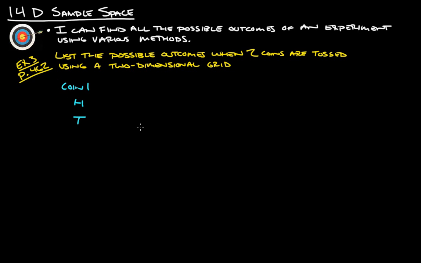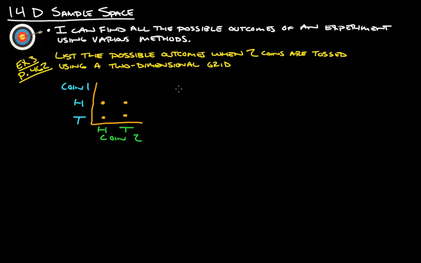And then coin 2, we can either get heads or tails, right? So we go through and list our sample space there. We can just put dots for head-head, tails-heads, heads-tails, and tails-tails. Okay, so there's our grid.